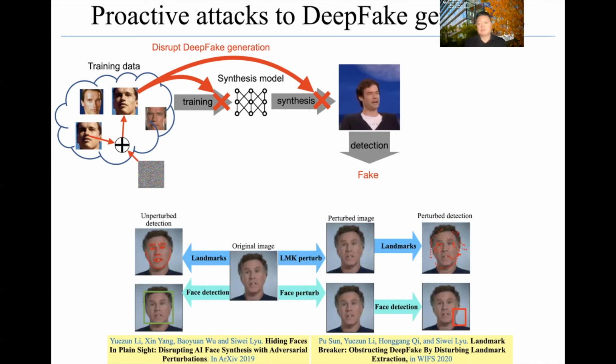The general idea is to look at the production pipeline, the training and generation pipeline for deepfake face swapping videos, and design adversarial perturbations that particularly target those critical steps, with the aim to disrupt them.